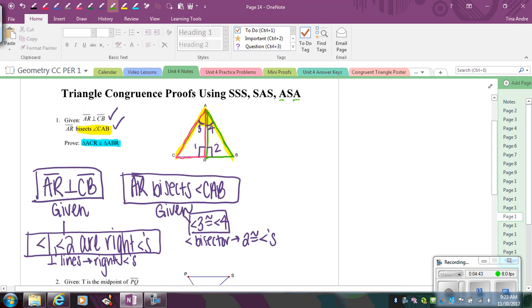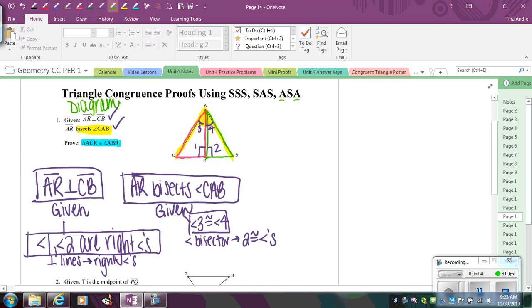So if we could prove the side between those 2 angles is congruent, that's going to allow us to use angle side angle. So whenever you're doing these proofs, I have my givens, and I've already used those. The other thing that you always need to tell yourself is look at the diagram. It might even be helpful to make that part of your checklist here: looking at the diagram.